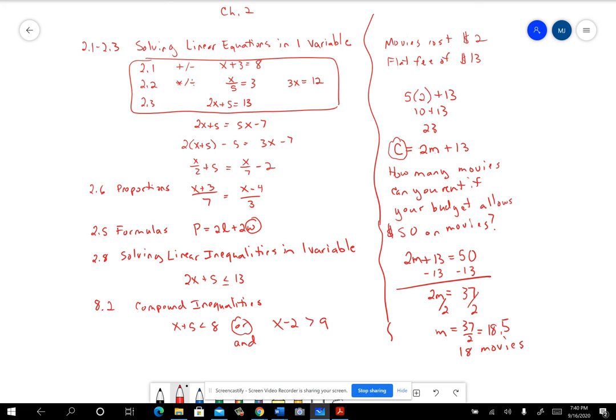Okay, and then we extend that idea to, well, what if we have a special type called a proportion? Or what if we are dealing with formulas? How can we use the ideas to work with formulas and maybe rearrange them so they serve our purposes better? And then what if we have, instead of equations, inequalities? How does that change things? And then what if we put 2 inequalities together? How would we handle that?